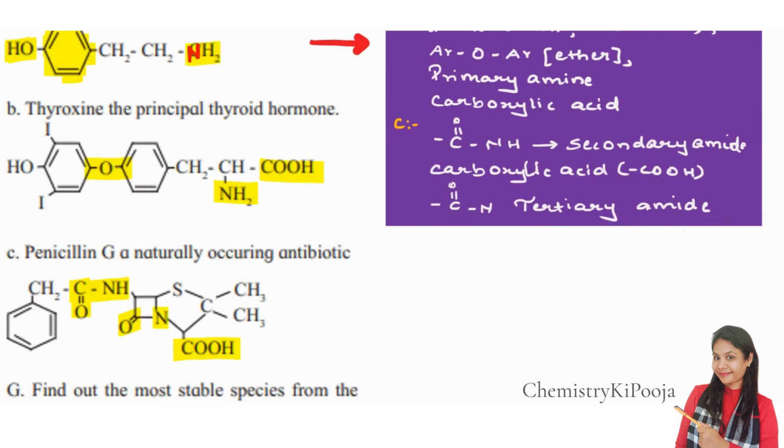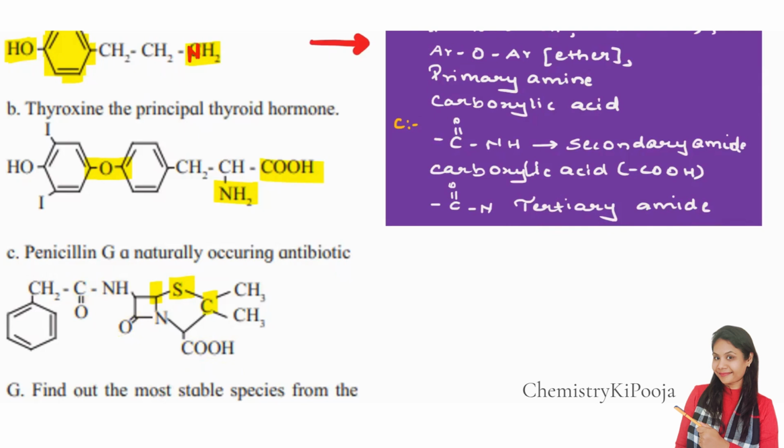Along with this, there is one more functional group I can see. There is the presence of an S group, and this S is bonded to carbon on both sides. This S is nothing but the thio group. Anything related to S, the prefix we use is thio.